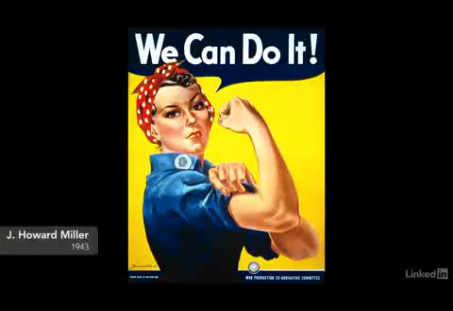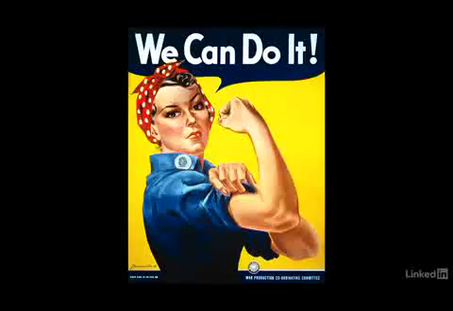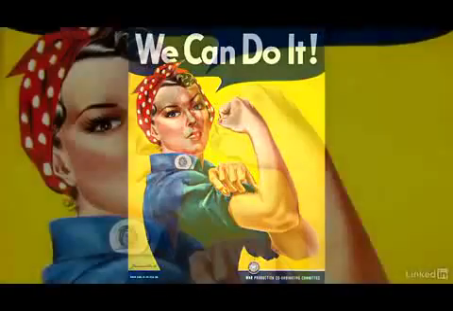Other designers and illustrators focused on the value of work, such as J. Howard Miller's Rosie the Riveter, which served as a morale booster for the war effort in factories. Rosie's red, white, and blue attire reinforces the patriotic communication.